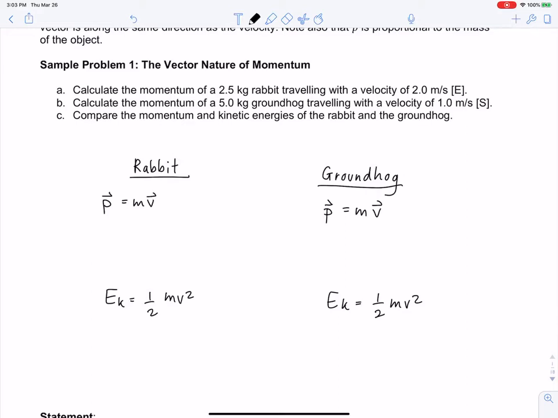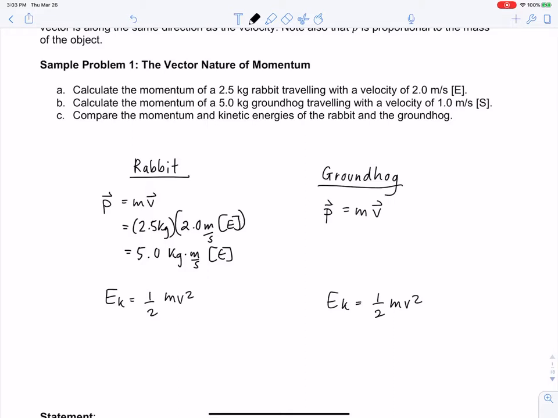Let's start with the rabbit. We have a mass of 2.5 kilograms and a velocity of 2 meters per second east. If we punch this in, we end up with 5.0 kilograms times meters per second east.